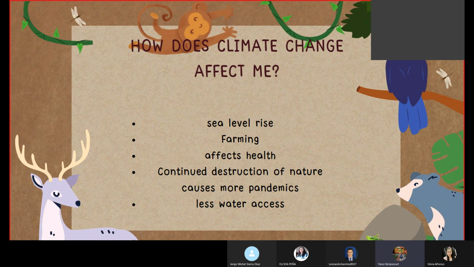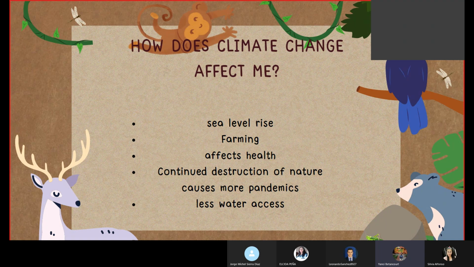Sea level rise will cause flooding that will force millions of people in coastal areas and islands around the world to leave their homes. Another effect is warming.